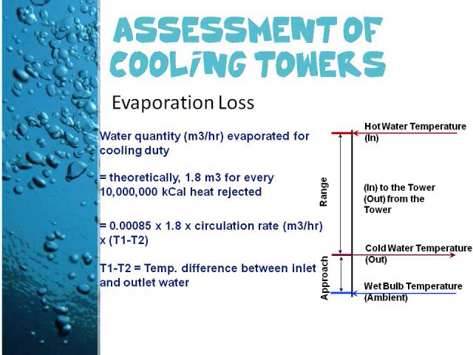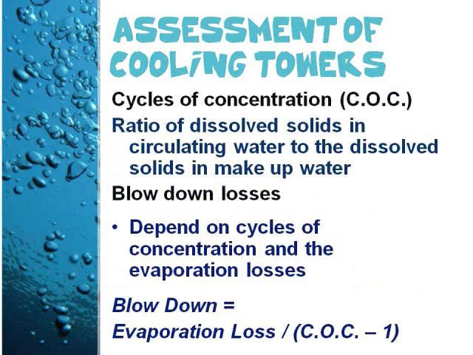The following formula can be used. Evaporation loss equals 0.00085 times 1.8 times circulation rate times (T1 minus T2). T1 minus T2 is the temperature difference between inlet and outlet water.